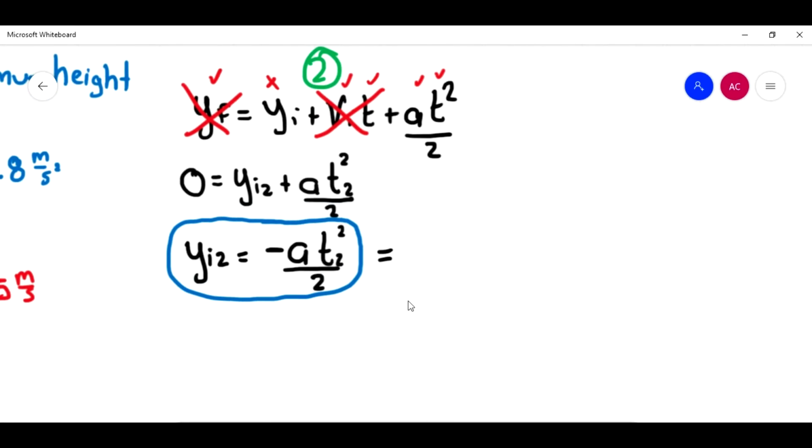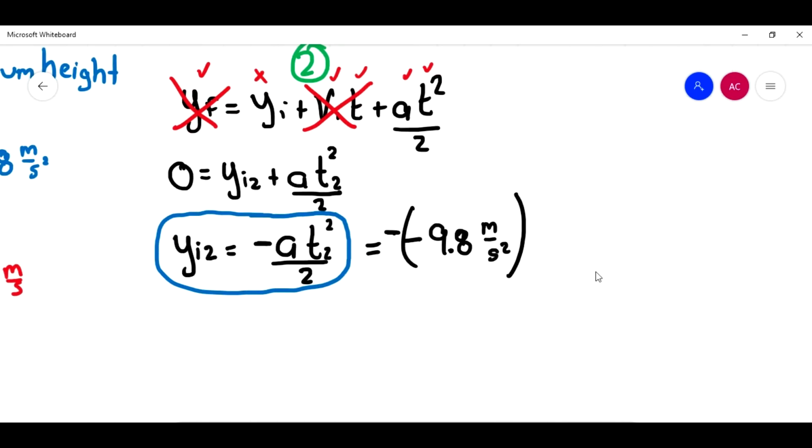Okay, so minus 9.8 meters per second squared. Sorry, it is negative. Remember this negative over here, this negative and also the negative of the acceleration by itself, times 2.55 seconds squared over 2.